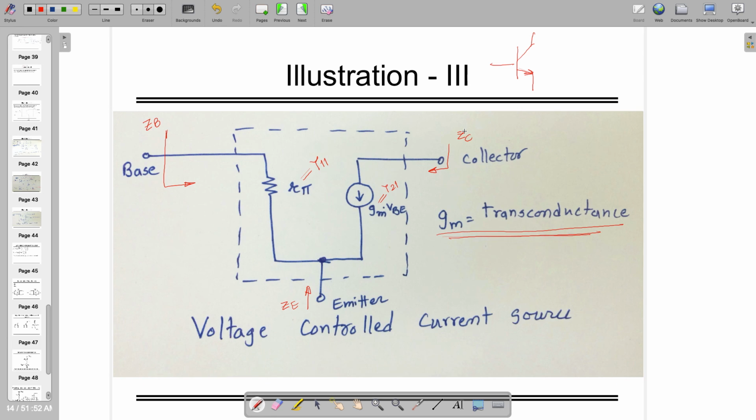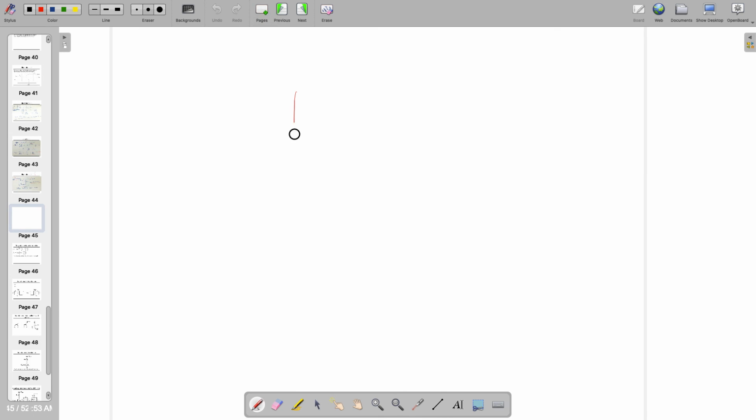Now can you find out ZE? I will not give the answer for ZE. You just write down whatever you think. If you need the procedure, I can help. If any network is given to you with multiple ports, let's assume you have only 3: base, collector, and emitter.